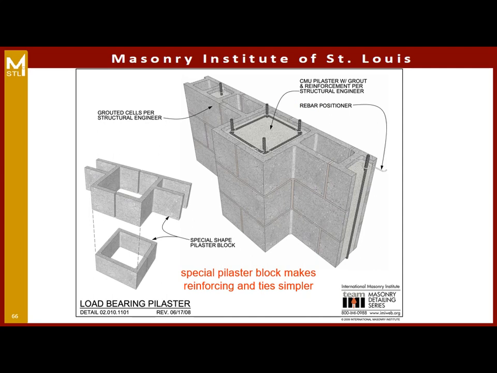There are special pilaster blocks as well. These make it a lot easier to install our vertical reinforcing and also our lateral ties. So if something like this works and we can get blocks like this, these might be pretty efficient for masonry pilasters.